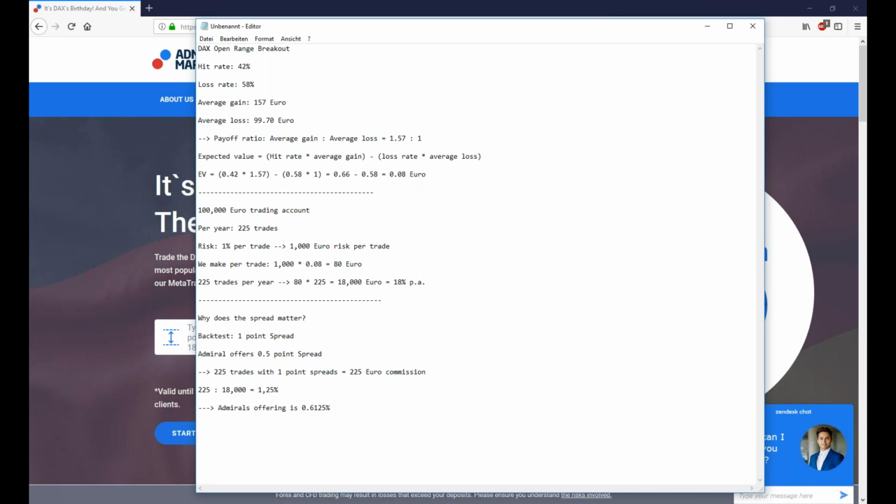Again, this is something which really starts to matter in the moment you have a very high trading frequency. Nevertheless, having 0.6% more at the end of the year in your account, this already adds up here to 18.6% per year.